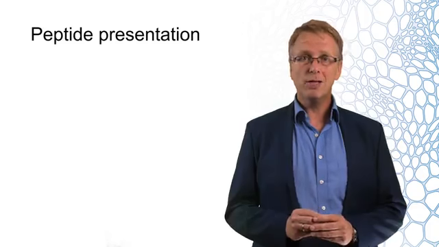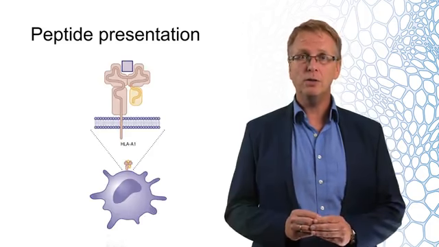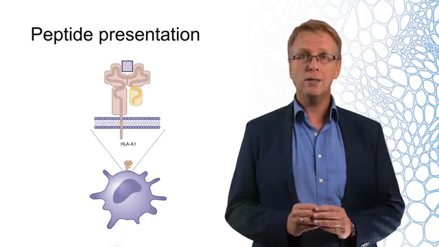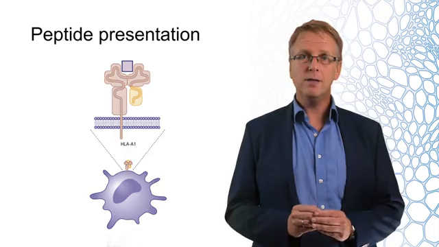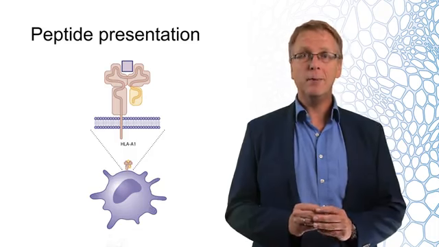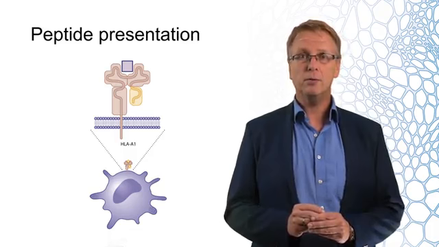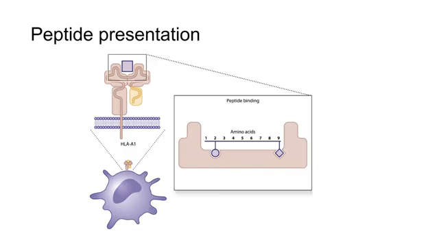Since an individual has two copies of every HLA gene, this means that someone only has a limited set of MHC molecules. You might think that this has therefore only a limited capacity to present different peptides. However, both MHC class I and class II form a groove in which the specific peptide binding is determined by 2 or 3 anchor residues.